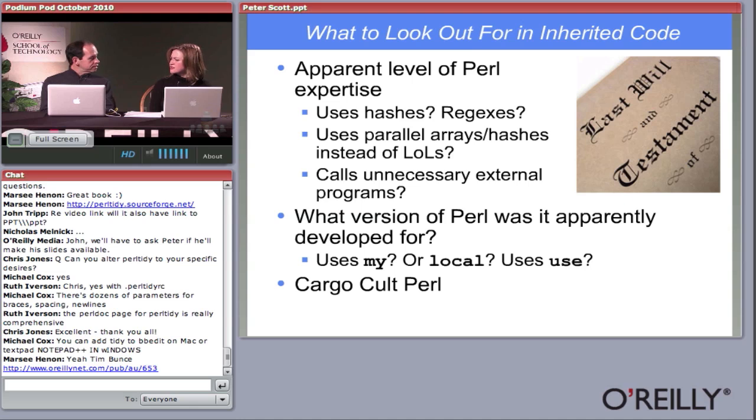Now, what's on the slate for Perl 6, real quick? Perl 6 is under development. I'm aware of all the jokes, so you don't have to make those. It's been under development for a long time, but it is approaching a critical mass in terms of the features that it has.